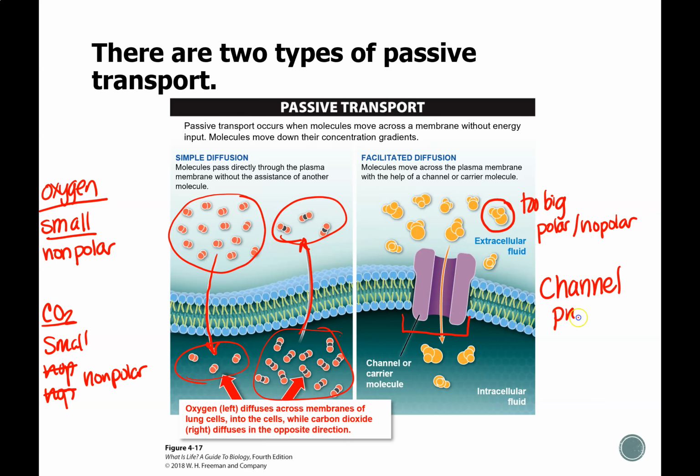It's a channel protein that allows large molecules to move from areas of high concentration into the cell where they're in low concentration. So the principle of diffusion is still happening here, still moving from areas of high concentration to low, but this time we have a protein that is facilitating that. It's actually helping this to happen, and that is because it has a channel through which those big polar molecules can move freely.